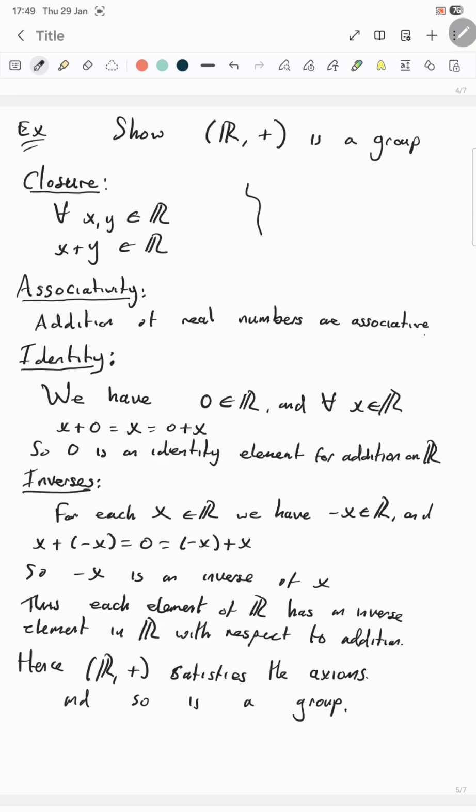Closure: for all x and y contained in the integers, x plus y is contained in the integers. And associativity, identity and inverses. And once we've checked all that, we will see that this indeed satisfies the axioms and so is a group.